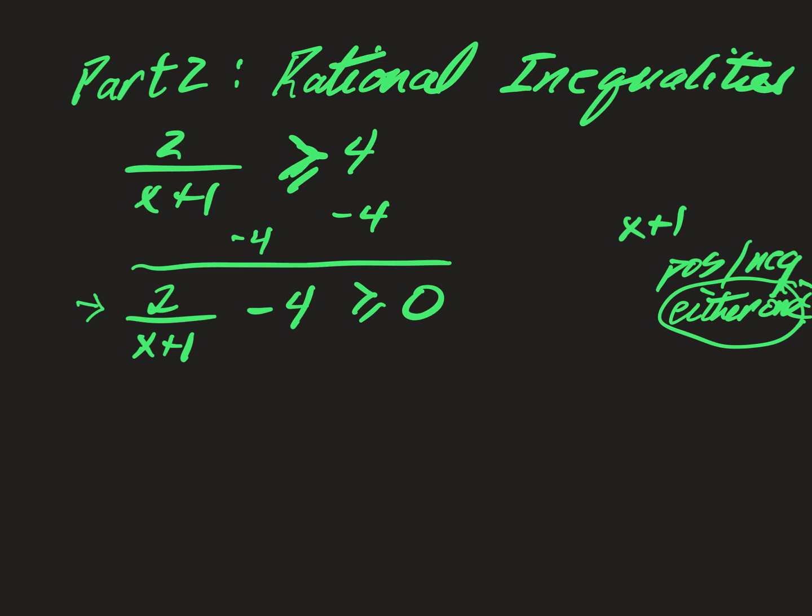Well, my common denominator is x plus 1. So what I want to do is multiply the 4 times x plus 1 over x plus 1. So I end up with the common denominator. And so that leaves me 2 over x plus 1 minus, so this is a negative 4 times x plus 1.